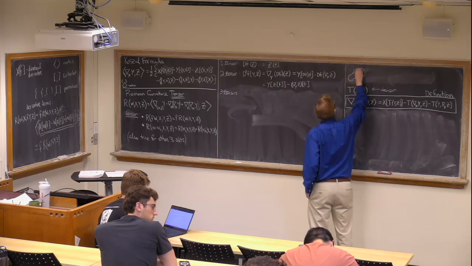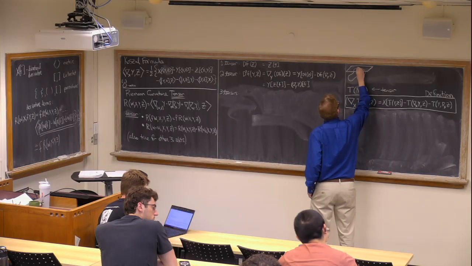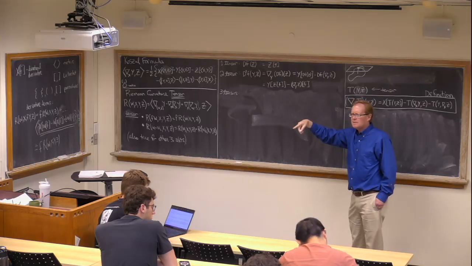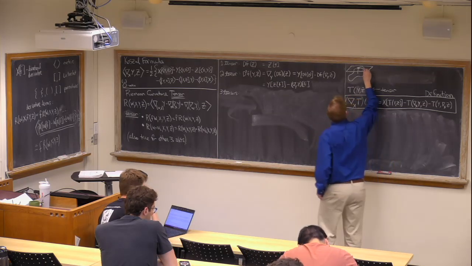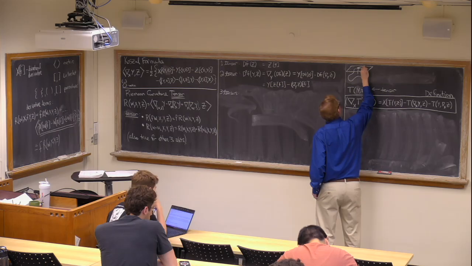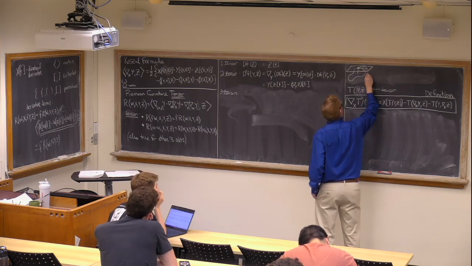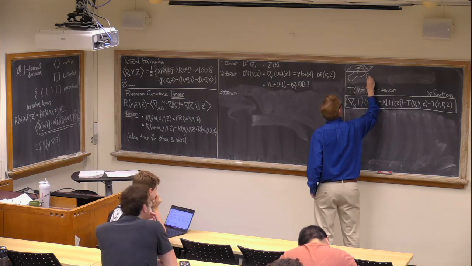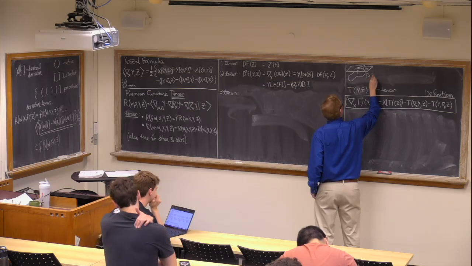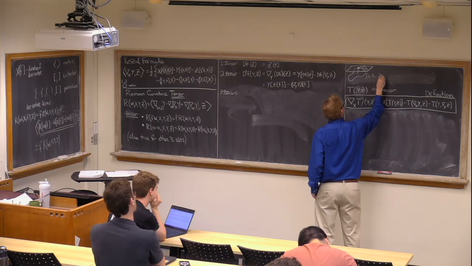So here's your manifold. There's your point P. There's your tangent plane, right? And then imagine you have basis vectors. Now we called them XU and XV in class, right? But now let's just call them partial 1 and partial 2 up to partial n.